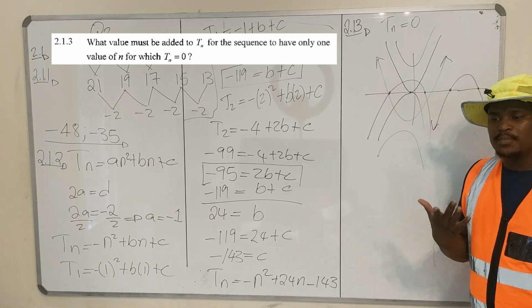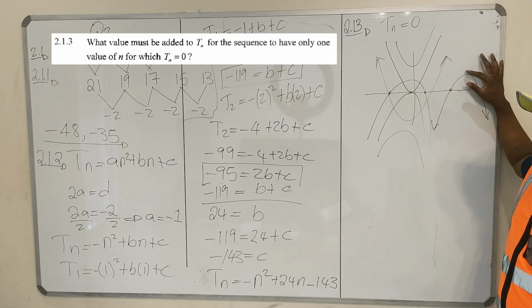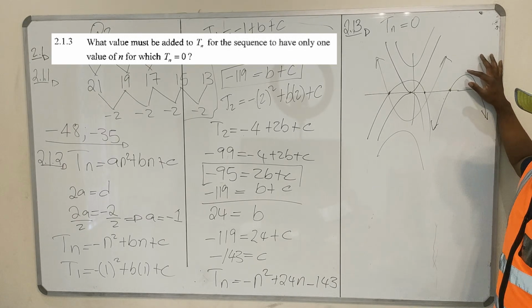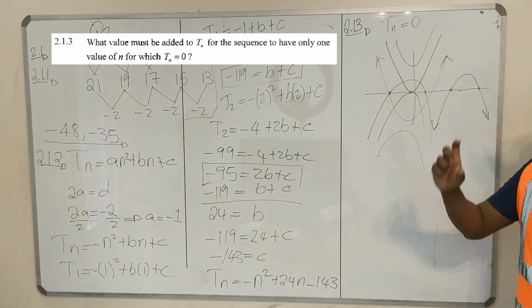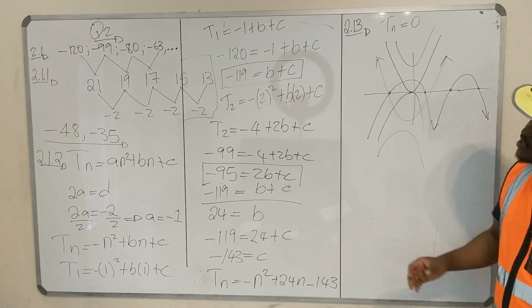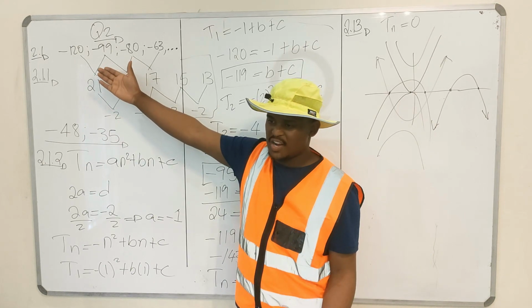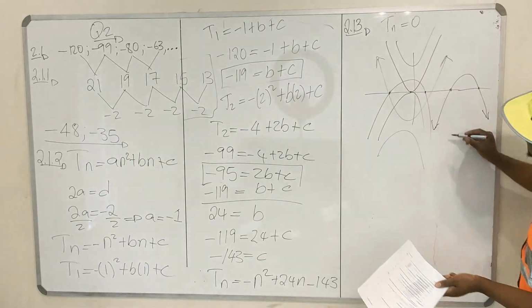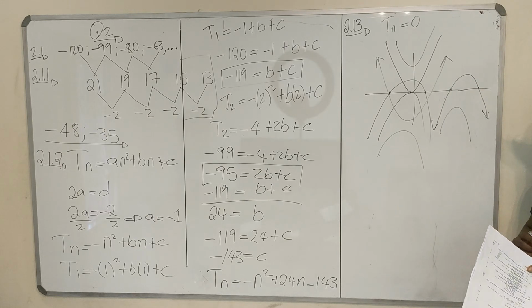And in order for you to be able to do that, what do you need to know? You need to know where it is turning. What is the largest value of the sequence? Yes. Once you have the largest value of the sequence, that's how you will know which direction to adjust it. Let's say for some reason it does not get to 0 here, which would mean it's below, so you will know that you have to push it upwards.